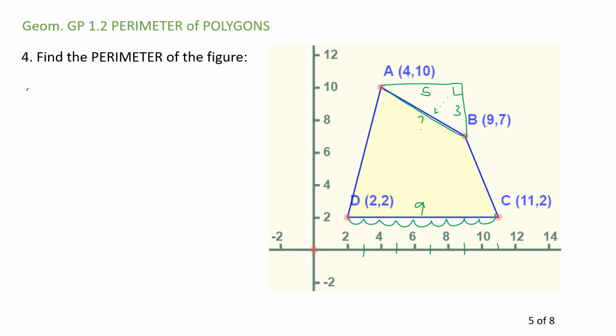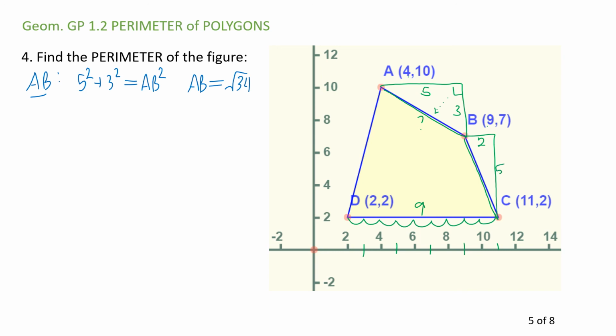So when I go this AB, it's 5 squared plus 3 squared is equal to AB squared. AB is equal to the square root of 34. And the same thing on this one. I'm not going to get the decimal for that until I'm finished. Next, same thing, BC. I know this distance is 2, and this distance is 5.